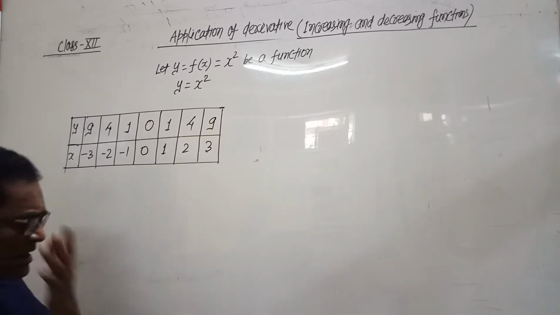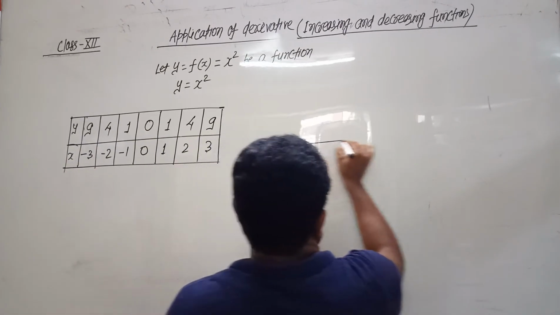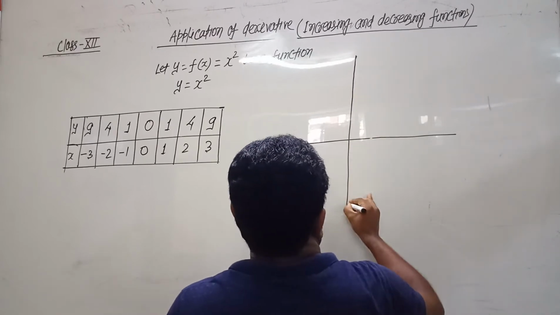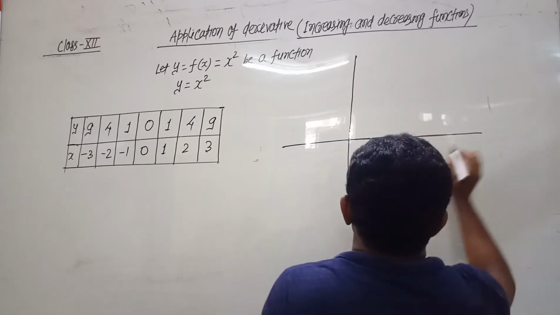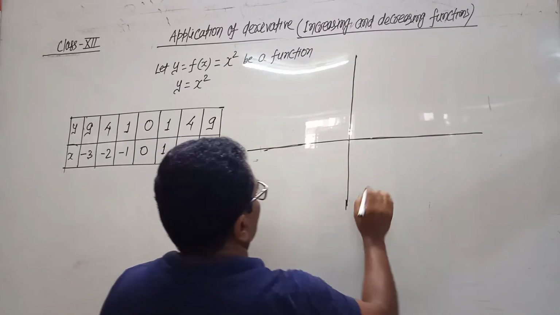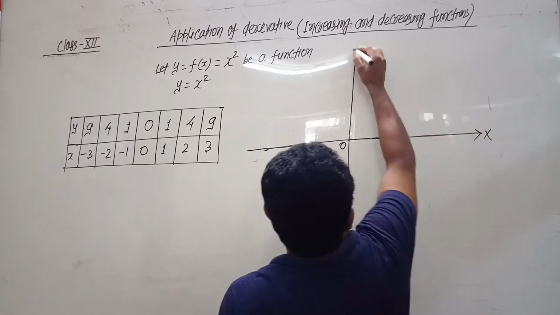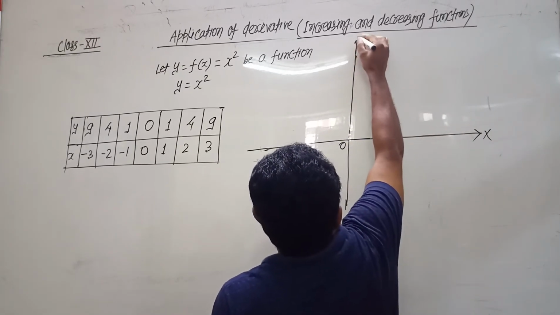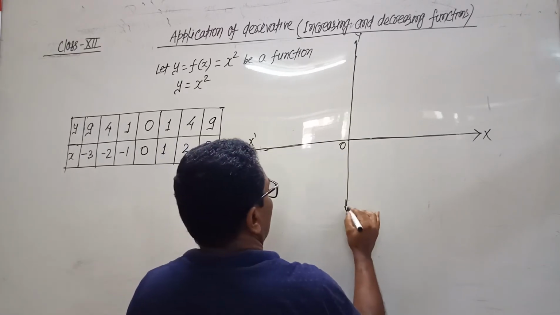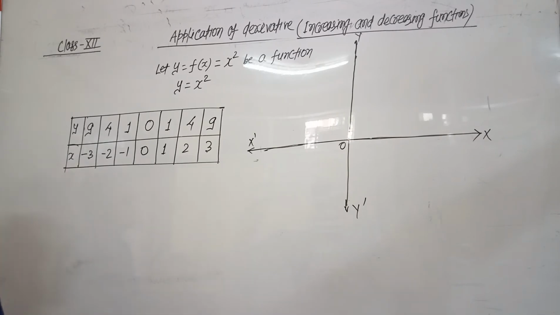Now draw the graph of this function. Origin, x-axis, y-axis, this is negative x-axis and negative y-axis, x dash, y dash.